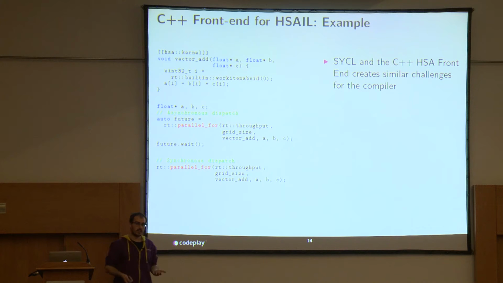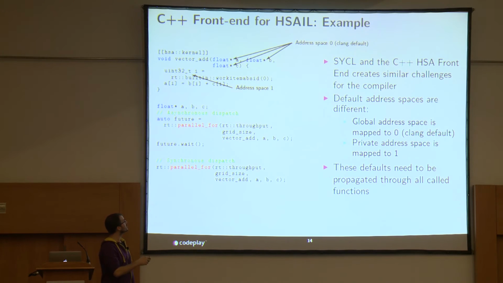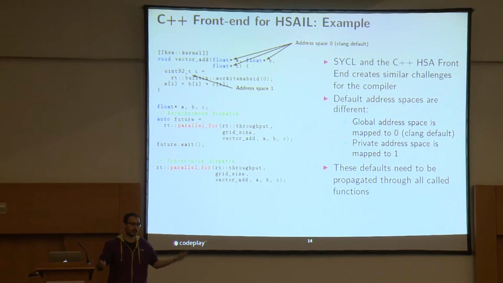Because we're still managing the address spaces, well, roughly, it raises the same challenge that I've shown you before with SYCL. Just one little detail, one little trick. Here, it will let Clang leave those pointers that are the arguments to point normally to the global address space. It will leave this in address space 0, and all locals will be mapped to address space 1.